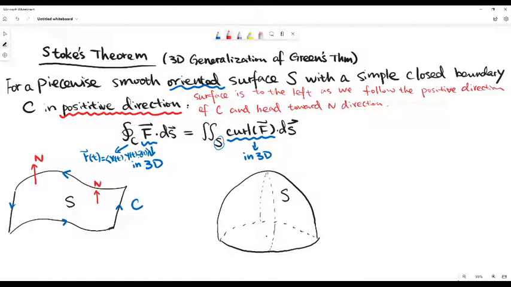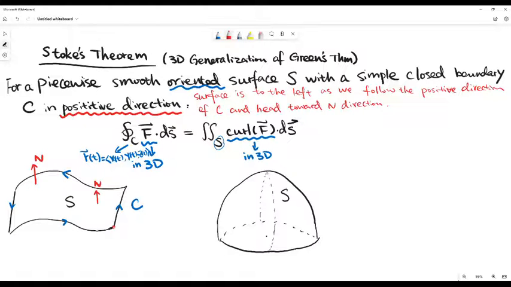Okay, so just imagine you are walking along this curve C, right? If I follow this arrow direction that I have drawn here, if I'm standing right here on the curve, now I'm standing on this curve.